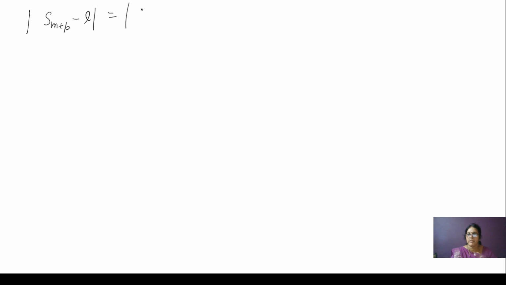So this can be written as Sm plus p, first add and subtract Sm, then add Sm1 and subtract Sm1, and these are added and subtracted. Finally, minus L is there.